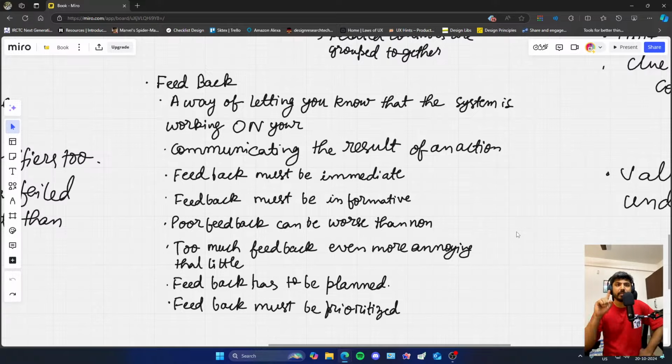Poor feedback can be worse than none. Too much feedback is even worse and more annoying than little or no feedback. Feedback has to be planned, and feedback must be prioritized. You cannot be giving feedback which is not of high priority or any importance. Too frequent feedback is very annoying, and this is emphasized a lot with a lot of examples in the book.